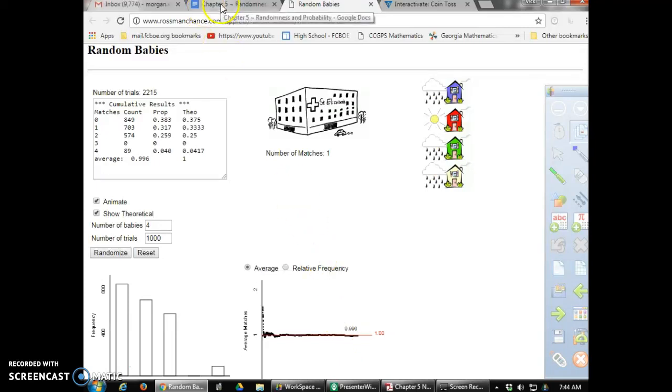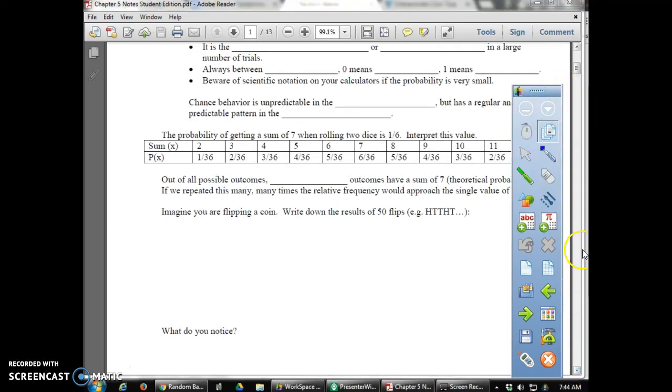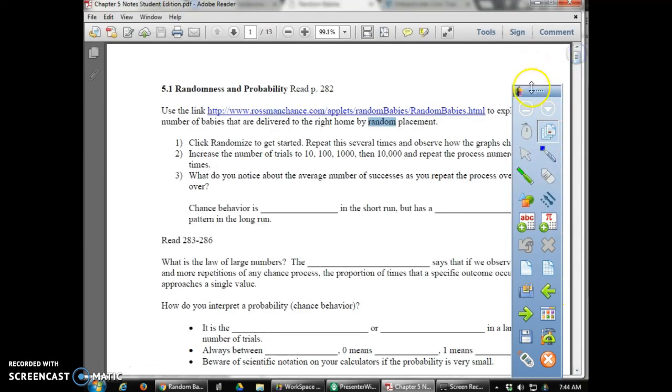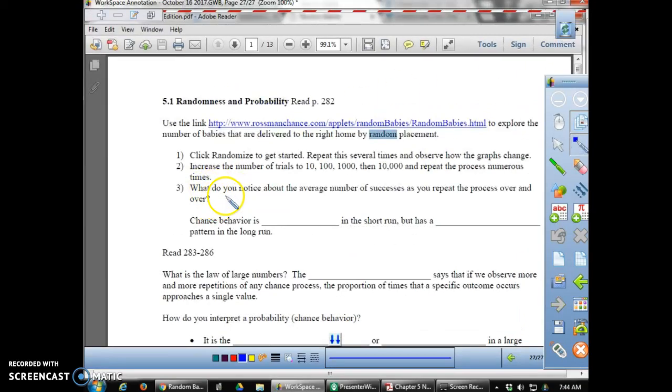Okay, so let's go to our notes and fill in some of this. What did you notice about the average number of successes as you repeat the process over and over? Well, the average gets closer to 1 successful baby delivery.